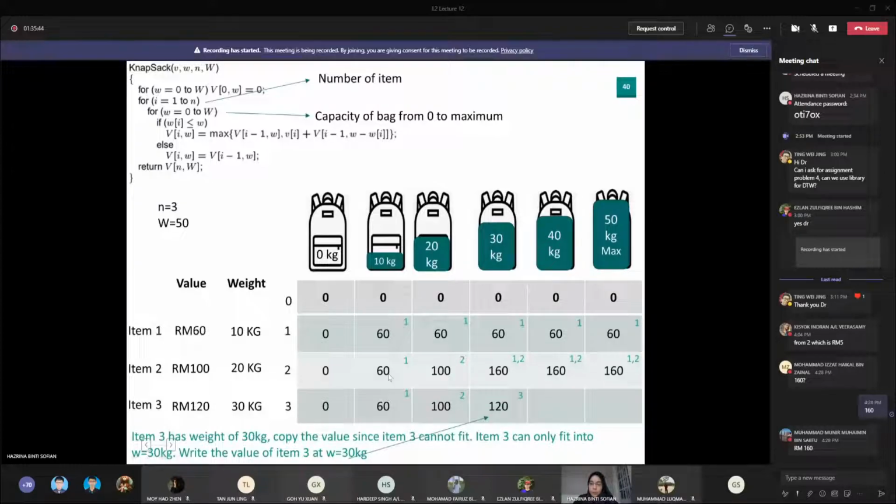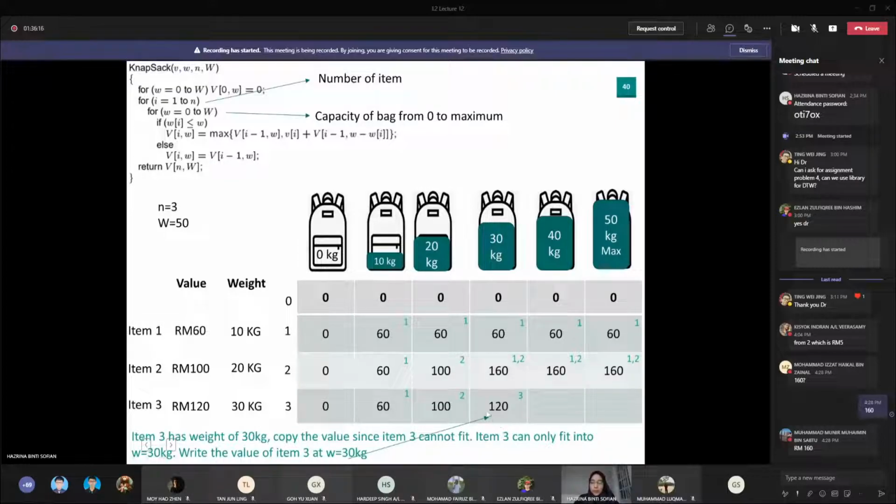So the first 10 kg is still 60, the second 10 kg is 100. Why is the 30 kg 120? Because when we use the greedy approach and our weight is the consideration factor, we need to be greedy about our weight.